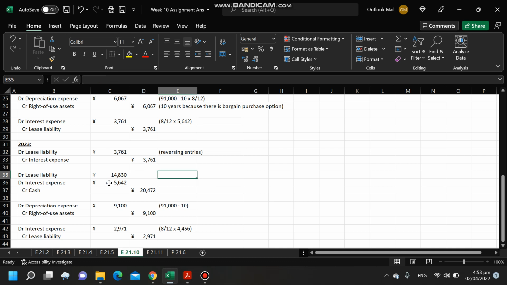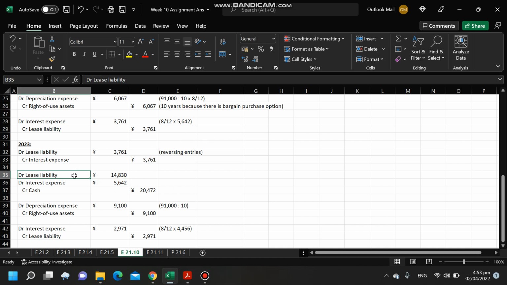This is just to make it easier when you want to record the lease payment. If you don't use the reversing entries, you will have to recalculate the interest expense that happens from January to April. By using reversing entries, you can just record the full amount without recalculating, and it will automatically offset with the reversing entries.